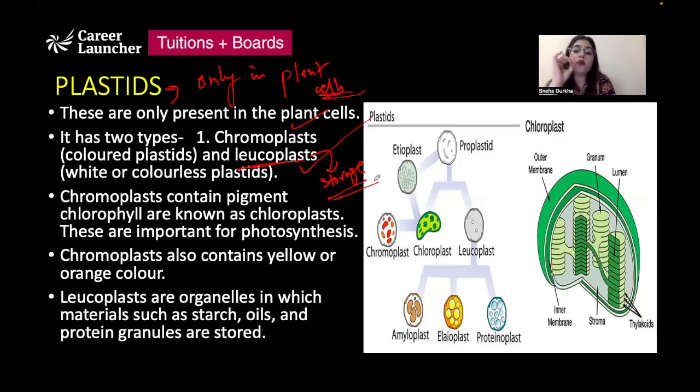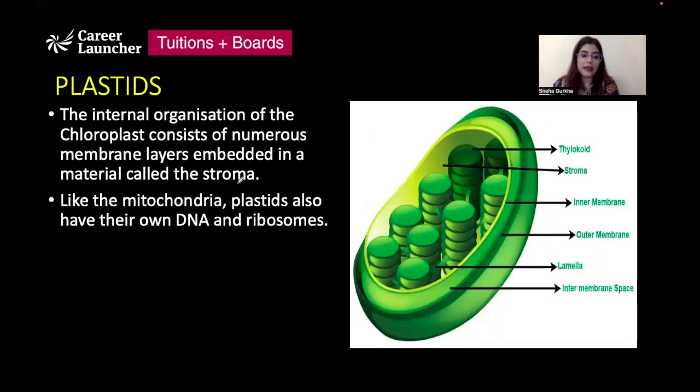Chloroplast is a type of chromoplast which has a green pigment in it called chlorophyll, which help in photosynthesis. Photosynthesis के लिए help करते हैं, right? इंटरनल स्ट्रक्चर अगर हम देखेंगे क्लोरोप्लास्ट का तो कुछ इस तरीके से हमें दिखेगा.